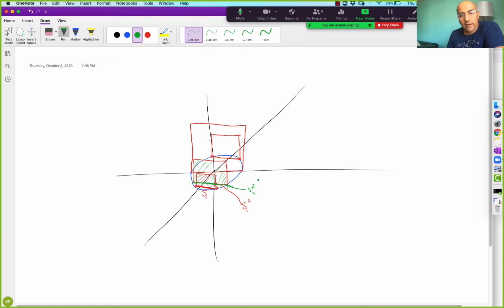So that one would be s sub 3 squared, and this last one, s sub 4 squared. Good. And then I just have to multiply it times its little thickness to give me the volume of each individual box.